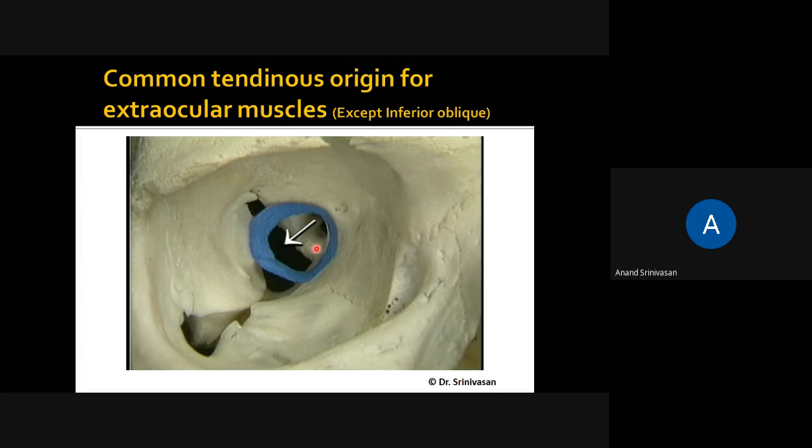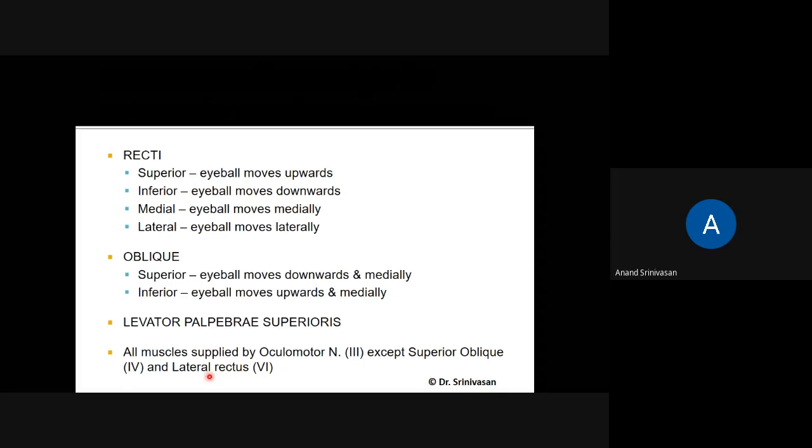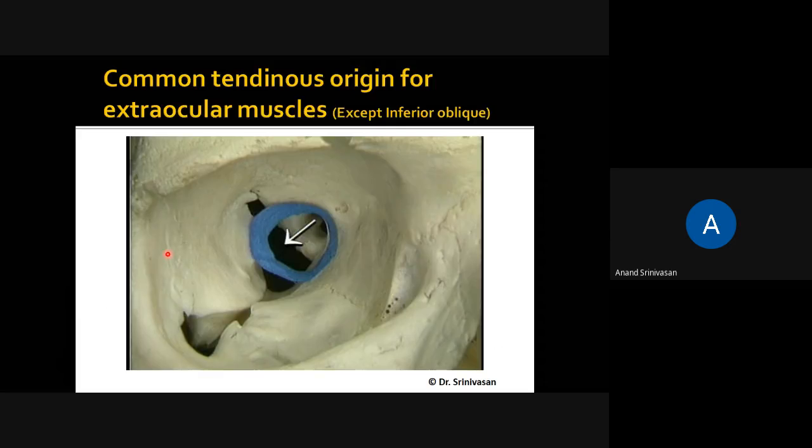By the way, the extraocular muscles means only these, the recti and the oblique muscles. All of them arise from the common tendinous origin except for the inferior oblique.